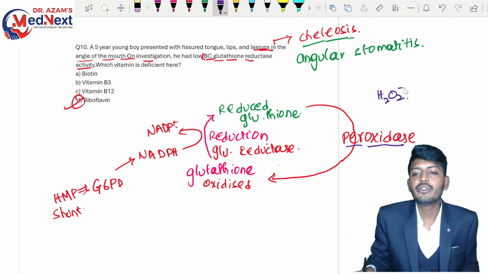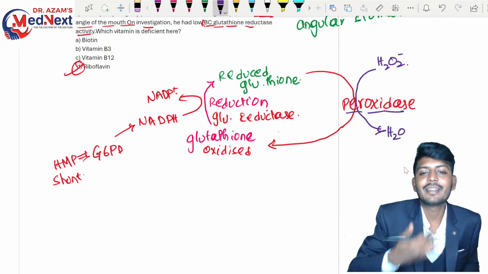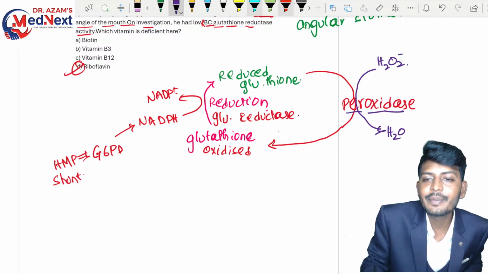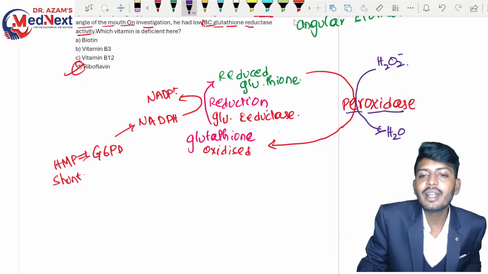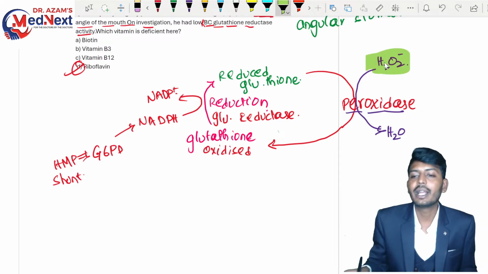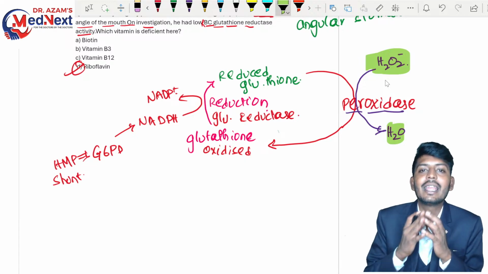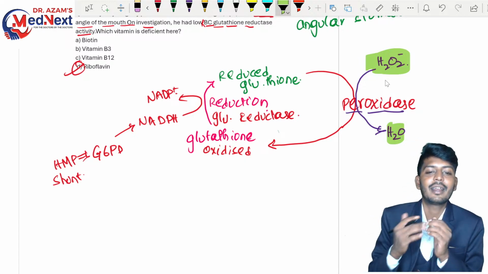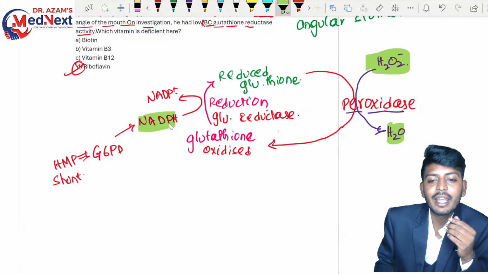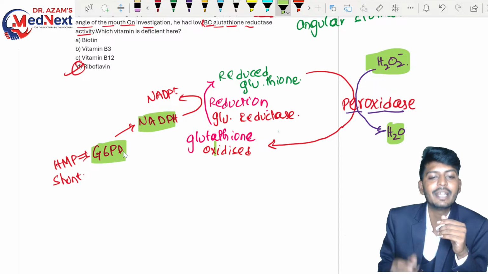This H2O2 will get converted into water. So it is a very dangerous substance for our body. What is the dangerous substance? H2O2. H2O2 will get converted into H2O because H2O2 is a free radical. उसको निकालने के लिए our body is doing all this circus. So इसलिए NADPH नहीं है तो ये पूरा रिएक्शन नहीं होगा. So अगर NADPH चाहिए तो G6PD चाहिए.